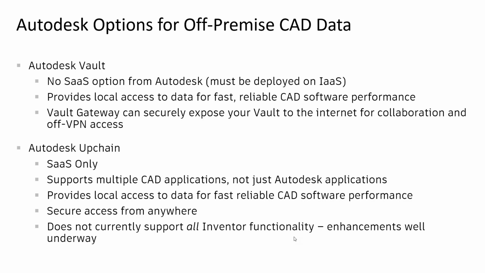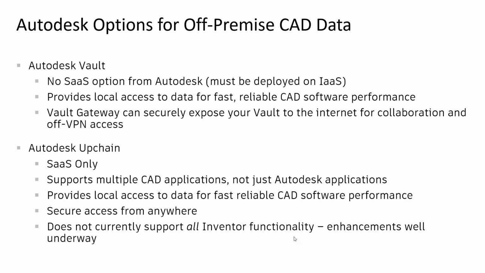That said, Autodesk, from what I've seen, is working extremely quickly at enhancing Upchain to support all of that. And from what I've heard, within the next few months, at some point, you'll be able to use Upchain, I think largely like you could Autodesk Vault today, where just about any Inventor feature you want to use would be supported by Upchain. That's what I've heard.